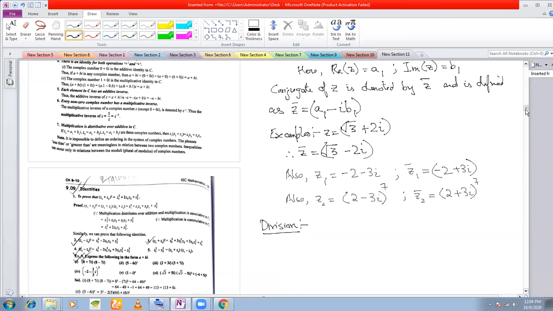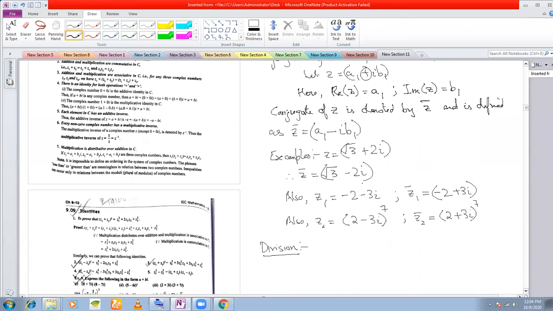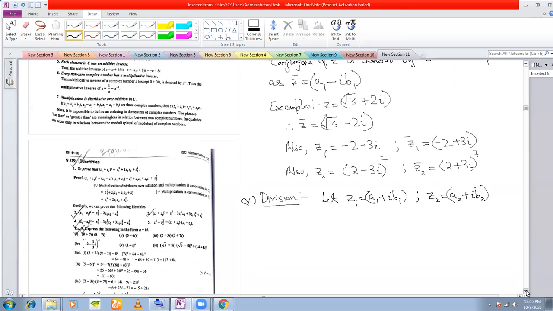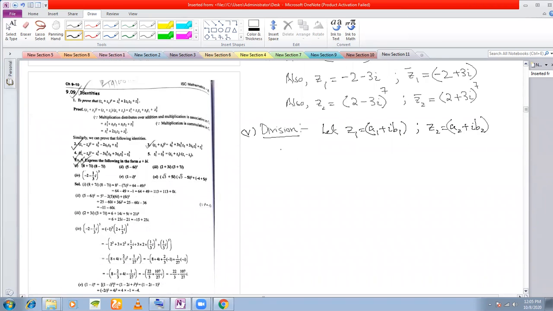How to divide two complex numbers? Let's say I call z1 is a1 plus i b1, and I say z2 is equal to a2 plus i b2. Therefore, how do you find z1 by z2?